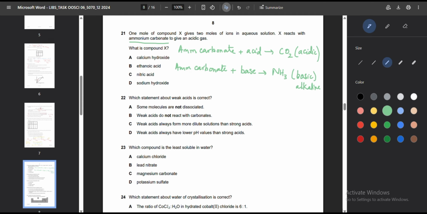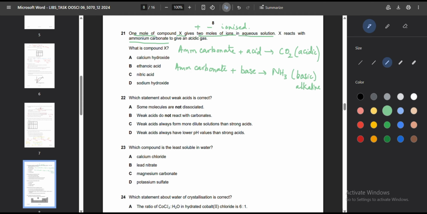So in this question they are asking that 1 mole of the compound X gives 2 moles of ions in aqueous solution. That means it gets ionized in aqueous solution, and 1 mole of the compound completely ionizes into 2 moles of ions. It means one would be a positive ion, the other a negative ion.